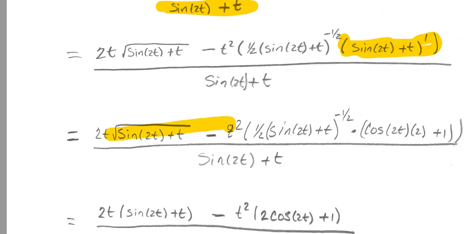All of these first several things are not changed. Now the derivative of the inside part. That is cosine 2t, then the chain rule again for what happened inside. The derivative of 2t is 2, plus 1, because the derivative of t is 1.